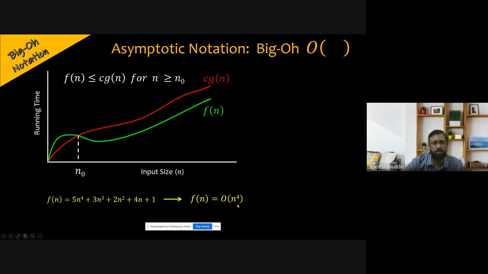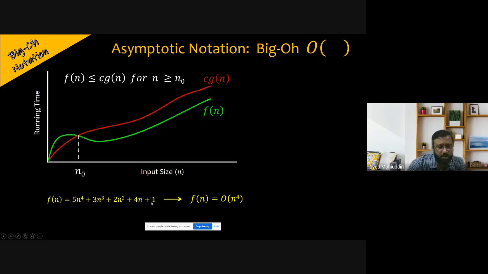There is no need for you to compute all that, solve all that. Solving what I showed you is just for your understanding. But whatever it is, the highest degree will come into picture. Here n power 4 is the highest degree. So in asymptotic analysis, this highest degree is significant.